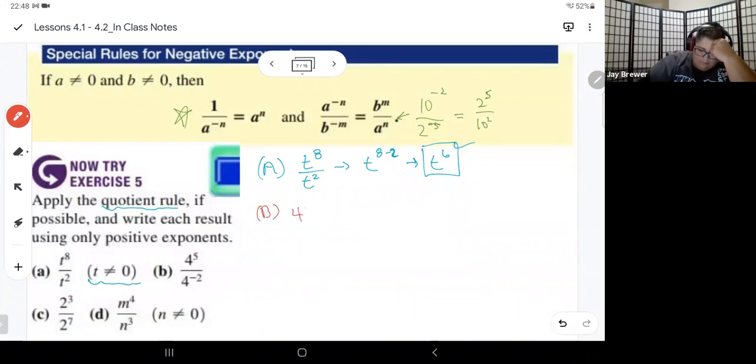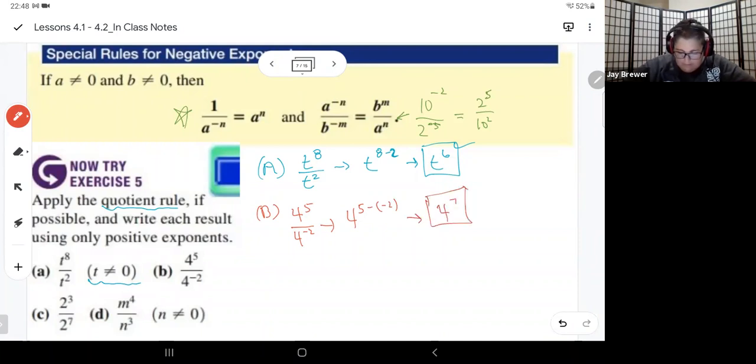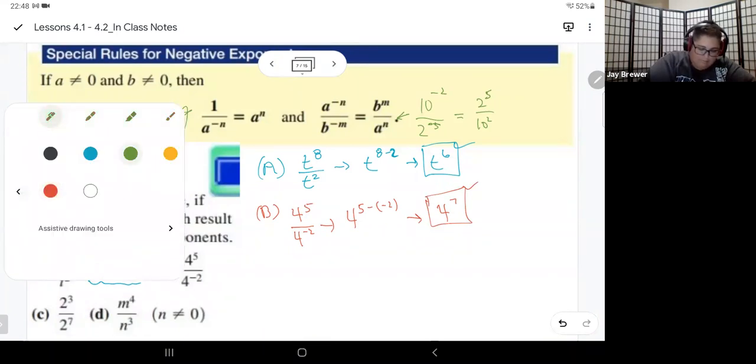All right, let's work for b. b is 4 to the 5th over 4 to the negative 2. If we follow our definition for division, then we would do 4 to the 5th minus a negative 2, which ends up being 4 to the 7th. There's a few ways to do that one, so you can play around with it if you want.